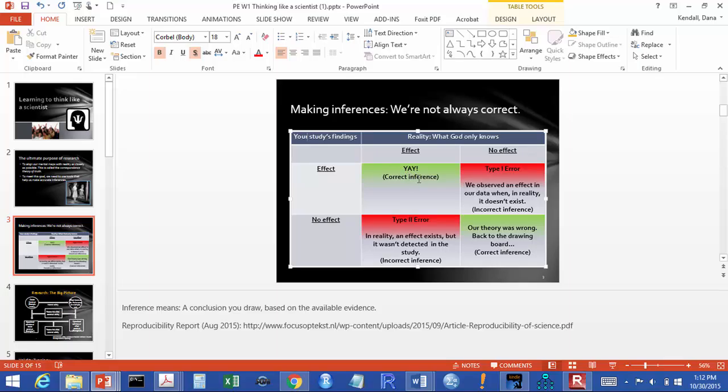Conversely, let's say that you found an effect, and in reality, the program didn't work at all. All right, so that is type 1 error, and this is a false positive. This is an incorrect inference. And this is, again, in reality, this effect did not exist, but we are saying that it did.